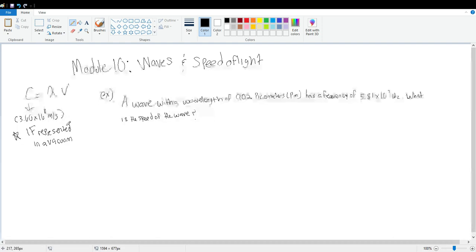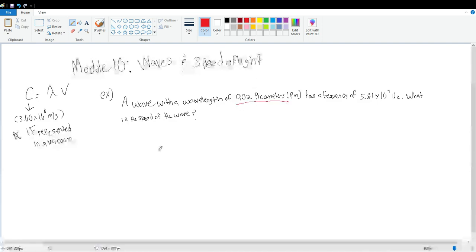So an example problem here is a wave with a wavelength of 902 picometers has a frequency of 5.81 times 10 to the 7 hertz. What is the speed of the wave? So when you assess problems, you want to write down what you know. So they give us a wavelength of 902 picometers.